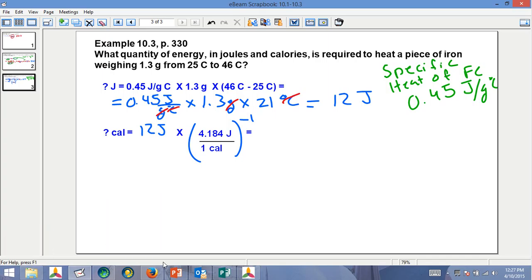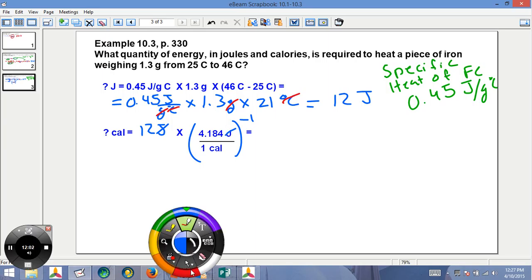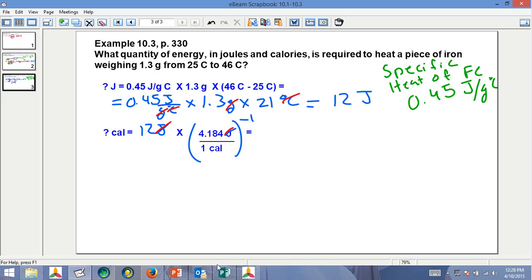Now my joules and my joules are going to cancel, and I have 12 divided by 4.184, and that is going to give me 2.9 calories. Any questions there? What page is all the specific heat on? The specific heat table is on page 329.